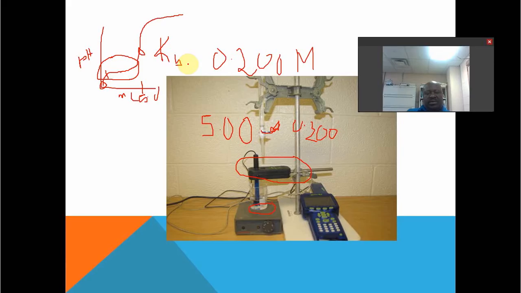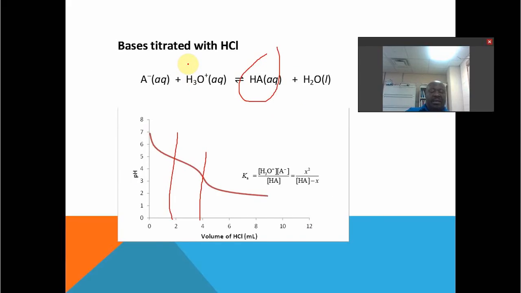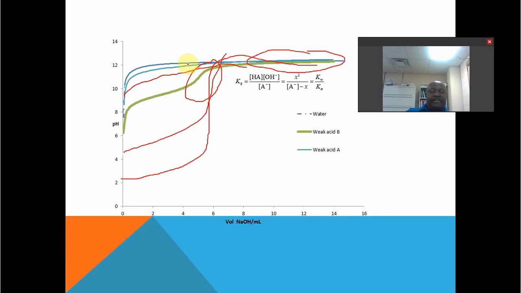So weak acids titrated with a strong base, the equivalence point can be expected to be on the basic side. And so if I go all the way here, there's a Kb expression, right? Because in this case, you'll be writing A minus hydrolyzing, so you'll be creating OH minus, and then you can solve that equation in the regular way. What you'll find here is the OH, and then you can convert to H plus.